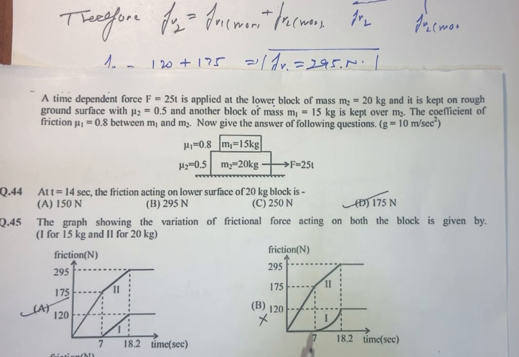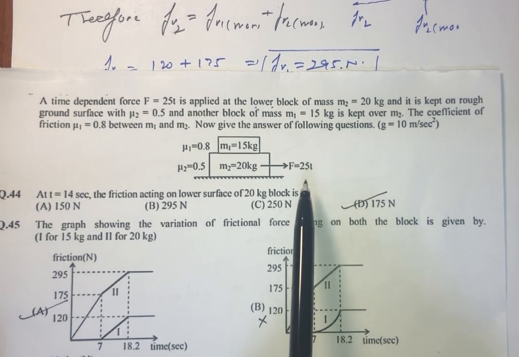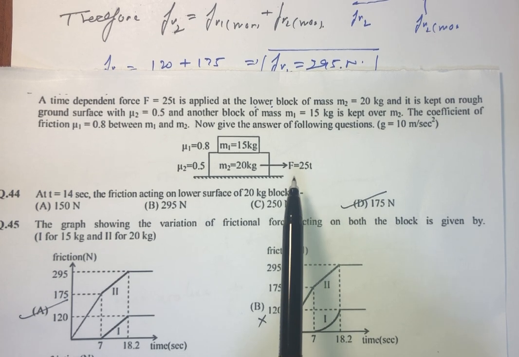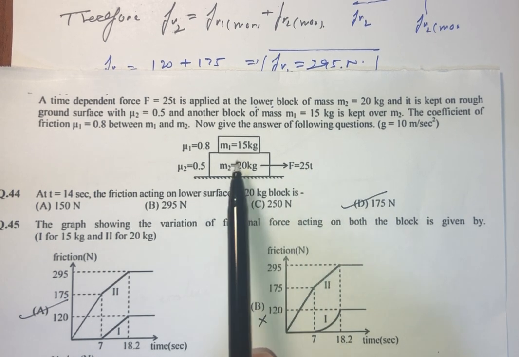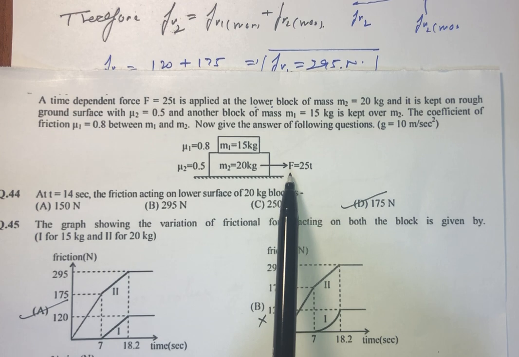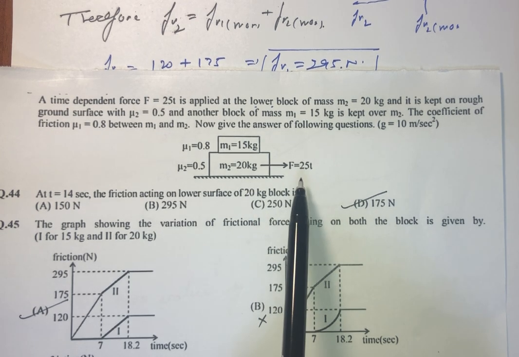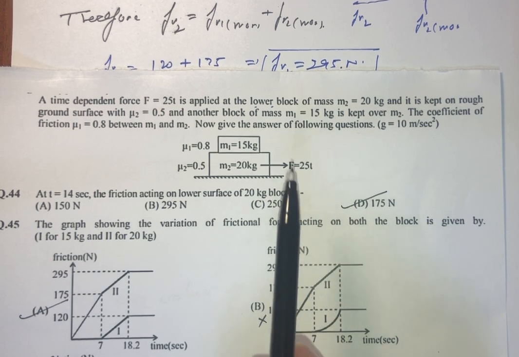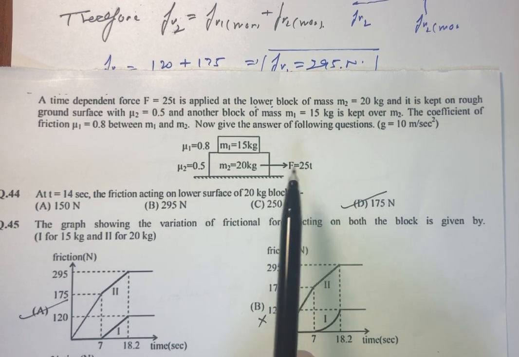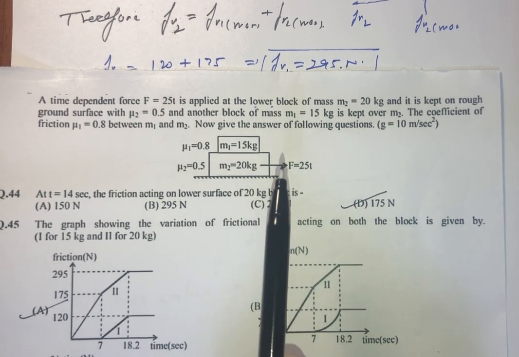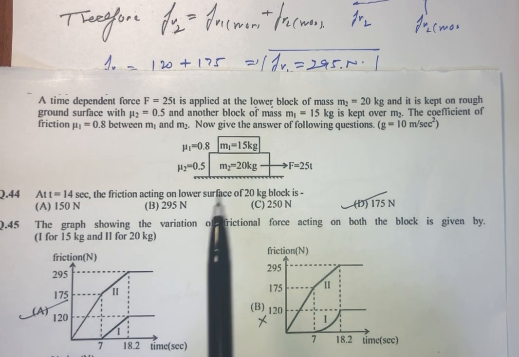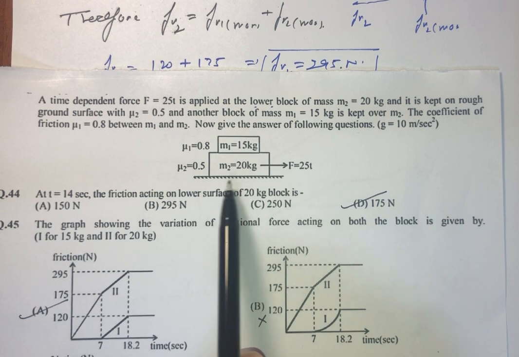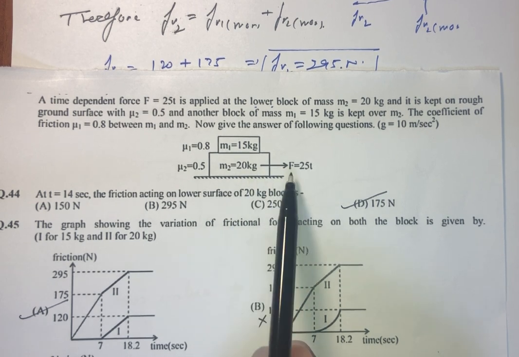It was very interesting. In case of time dependent, the only focus should be that at what moment the block on which the force is being applied is about to move. If we are able to find out that particular time, then that time is going to differentiate, or we can say divide into two cases, less than and greater than. For less than, there will be a direct relationship between the friction and the force.